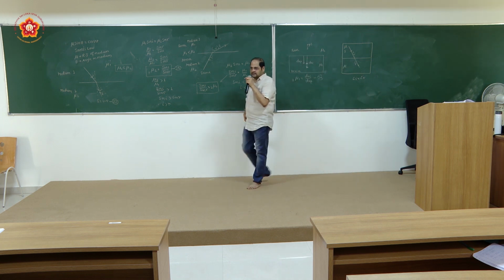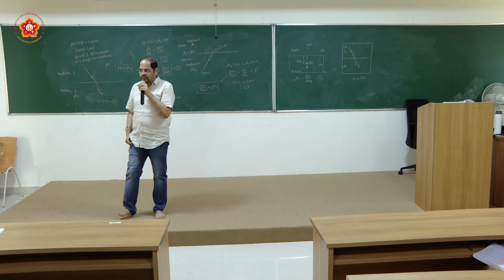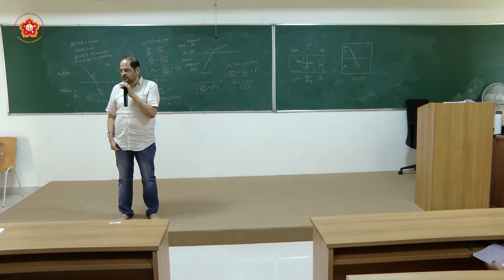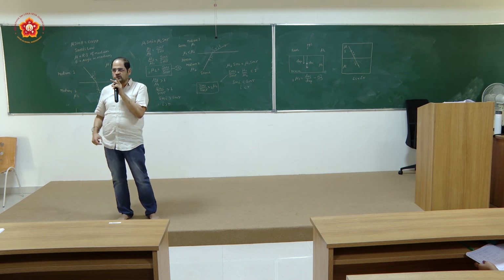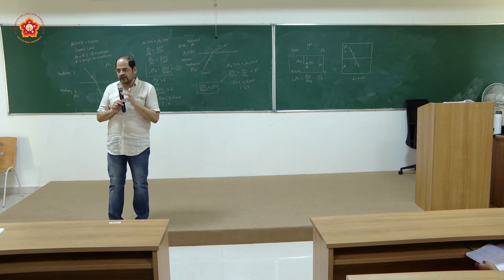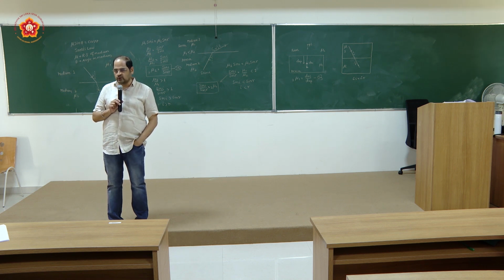Because the refractive index is not changing, the refractive index is the same, so the medium is the same. If the medium is the same, the refractive index is not changing, then angle of incidence will be equal to angle of refraction. There will be no bending at all, so there is no refraction. Getting it? Which two conditions did I tell you? If you have the normal vision, that is, the angle of incidence you make equal to 0, then there is no refraction.